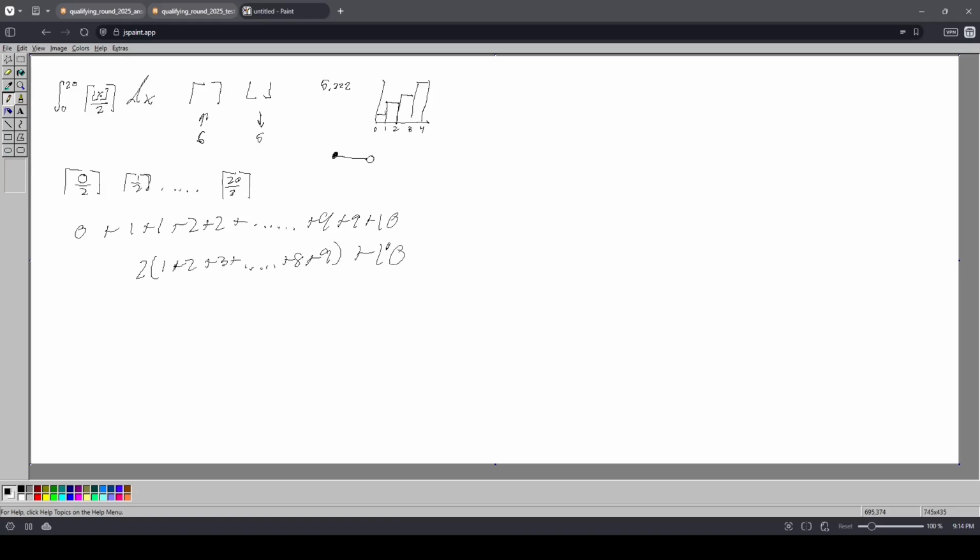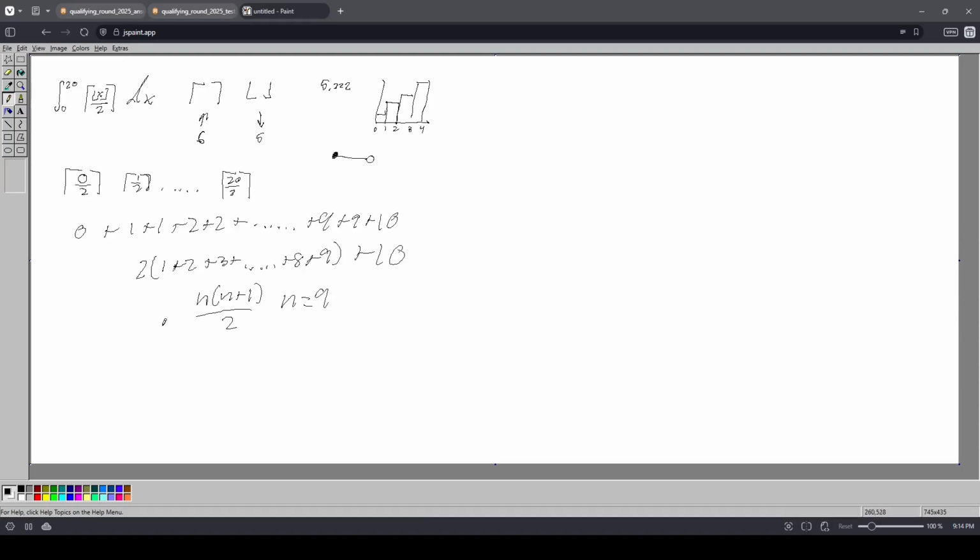And then here's where we're going to get into some number theory, just a tiny bit. When you have a sequential sequence like this of natural numbers, you can use n times n plus 1 over 2 to represent it, where n is equal to the last number of your sequence. In this case, it's 9.